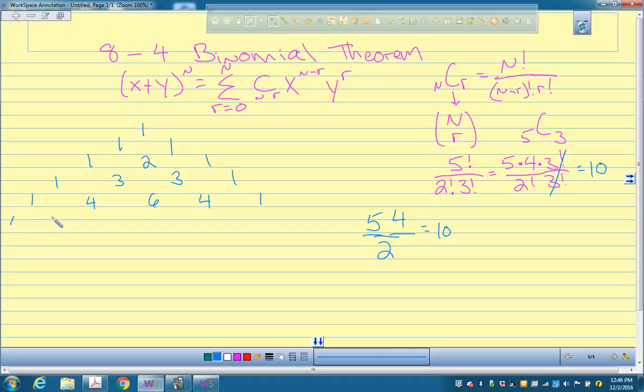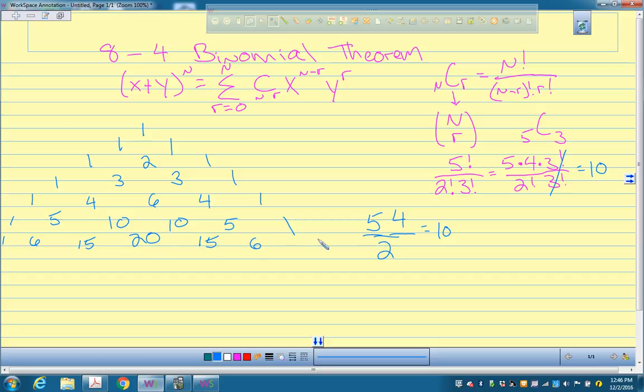Yes. 1, 5, what goes here? 10, 10, 5. I'm just adding together the 2 things above it, right? So 1 plus 2 is 3, 2 plus 1 is 3, 3 plus 3 is 6, 4 plus 6 equals 10, 6 plus 4. The next row would look like what? 1, 6, 15, 20, 15, 6, 1.